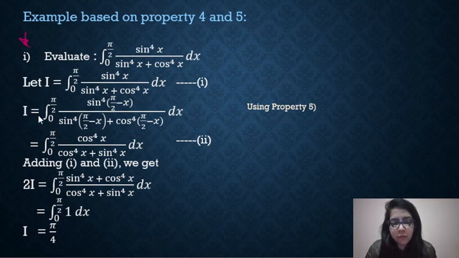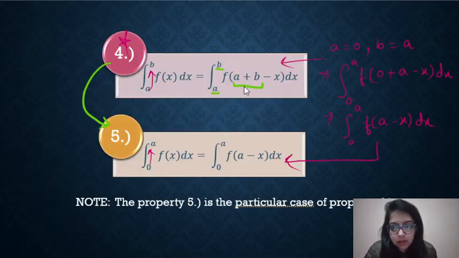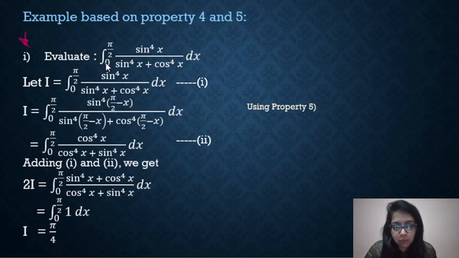Now apply the property: I is equal to integral 0 to pi by 2 sin^4 of (pi by 2 minus x), because this is the case of a minus x, as the lower limit is already 0 here.